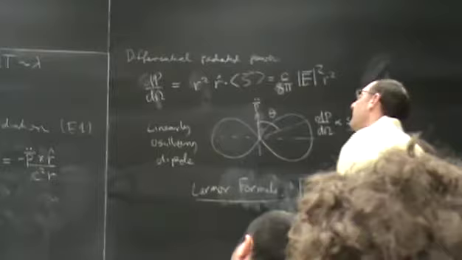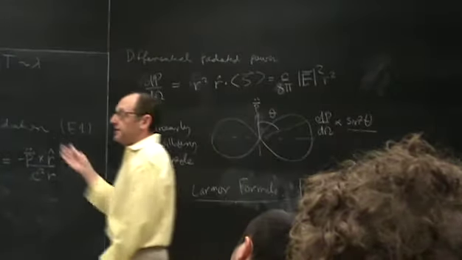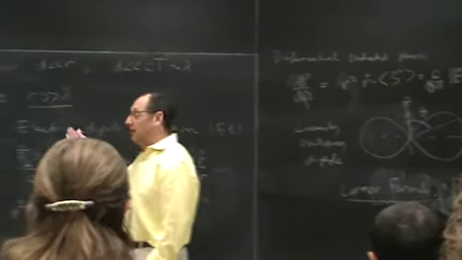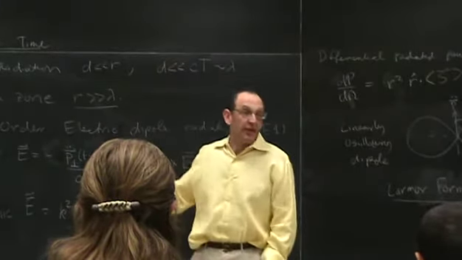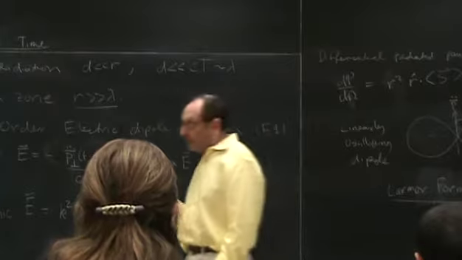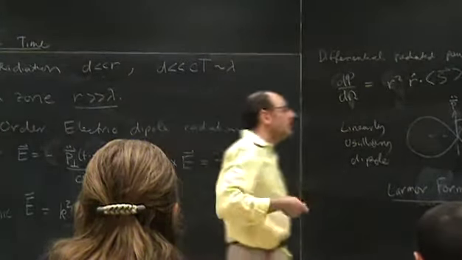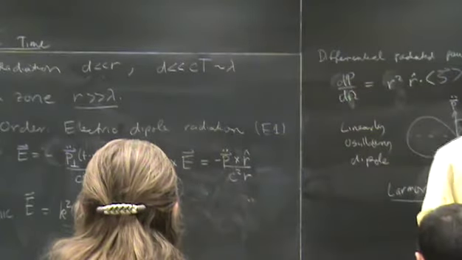Okay? But there will be higher order corrections to that. Sometimes, as we know, the electric dipole moment is zero. But we still can have electromagnetic radiation that is coming from the higher order multipole moments.